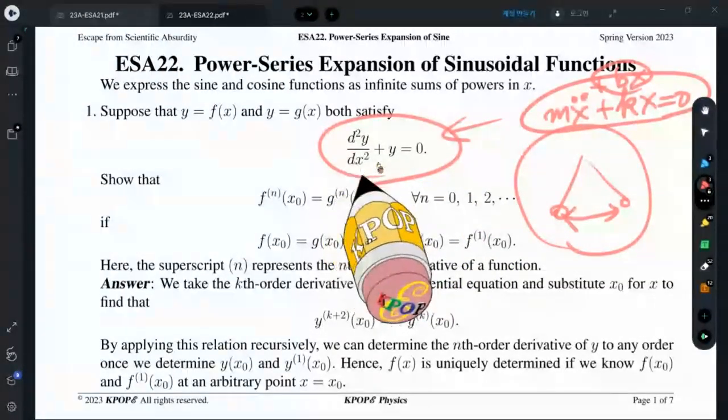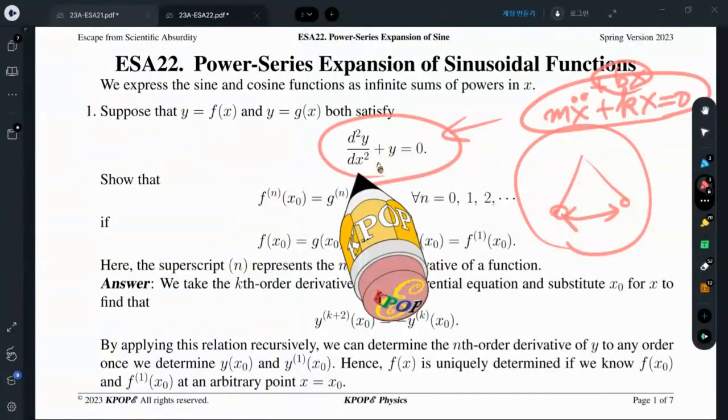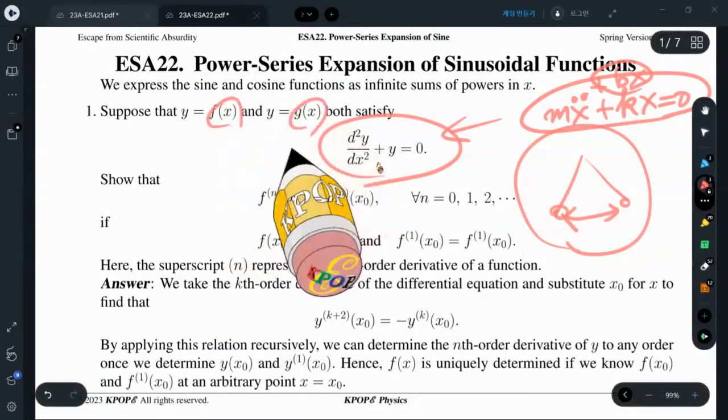I would like to talk about the basic nature of the reason why there are only two linearly independent solutions.